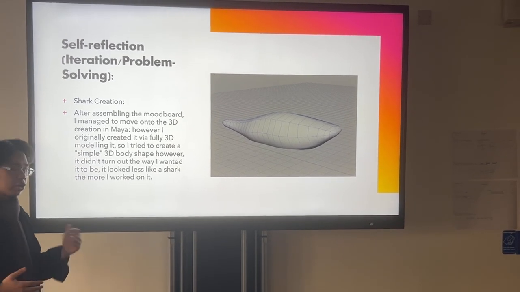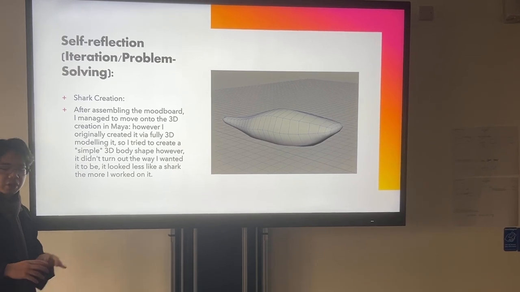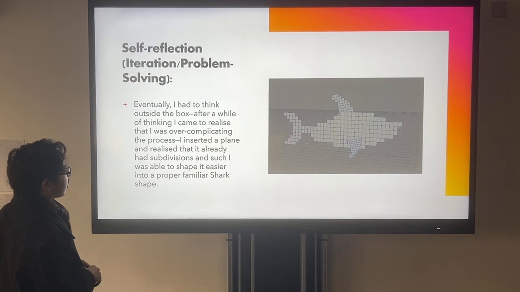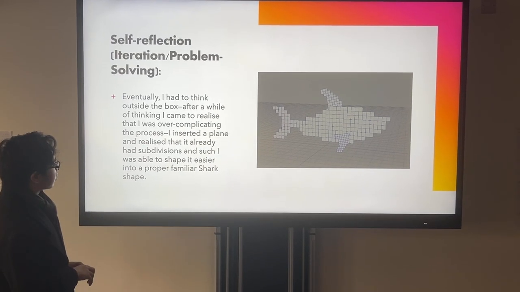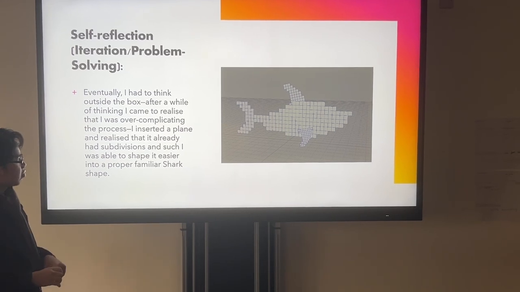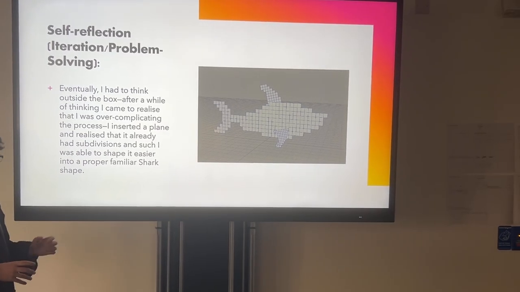But yeah, as you can see in the final results from previous slides, it turned out well. I just had to think outside the box eventually and just inserted a planar and made a familiar shark shape.